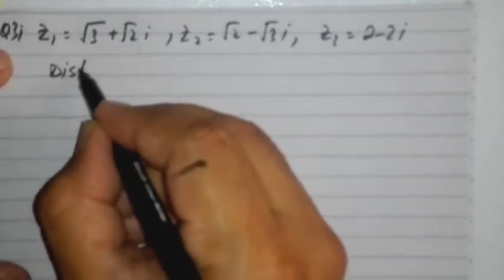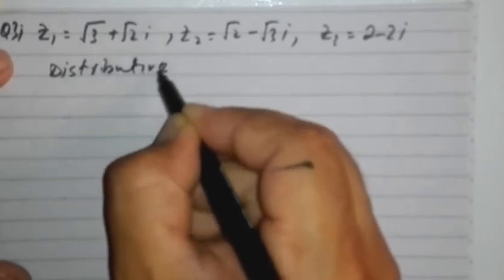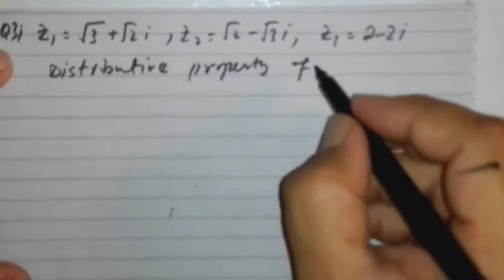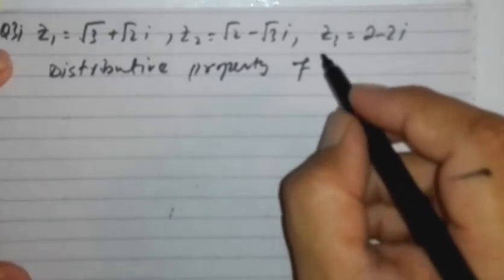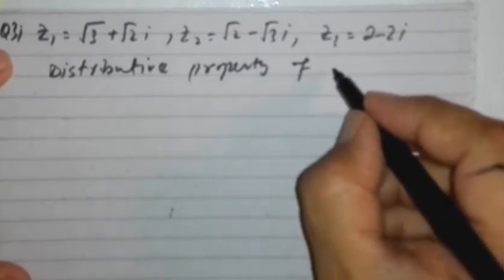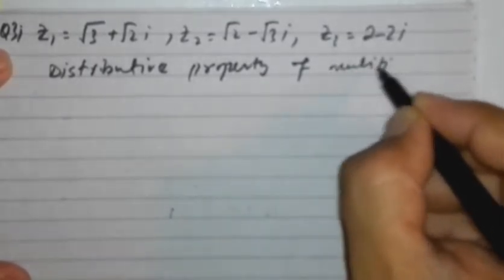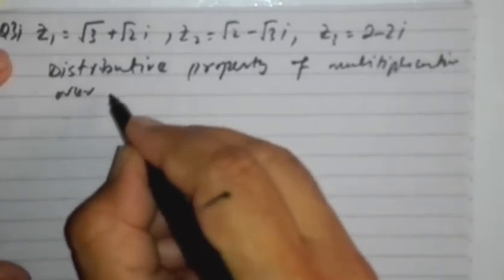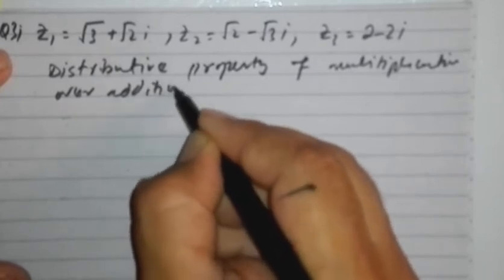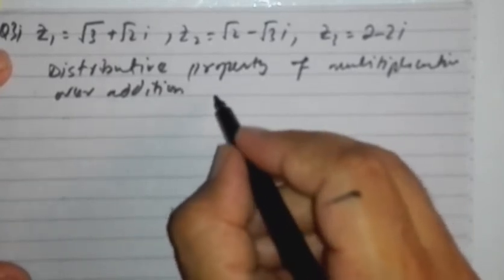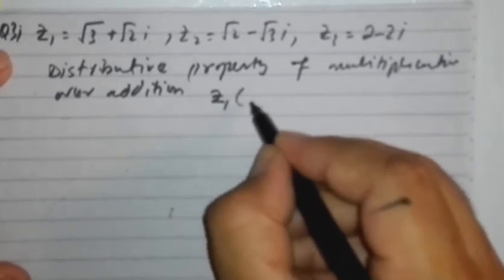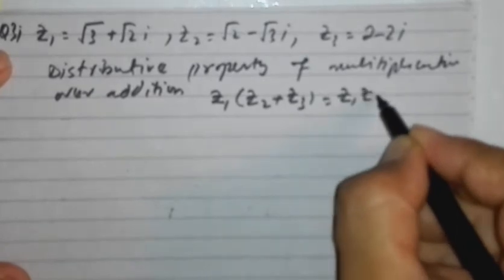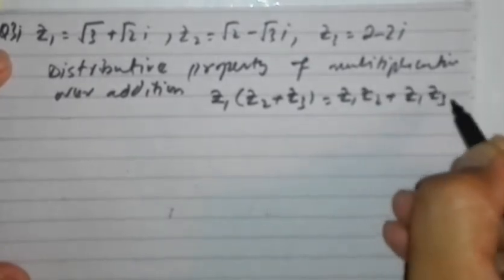Distributive property of multiplication over addition, which is that Z1 into Z2 plus Z3 equals Z1 Z2 plus Z1 Z3.